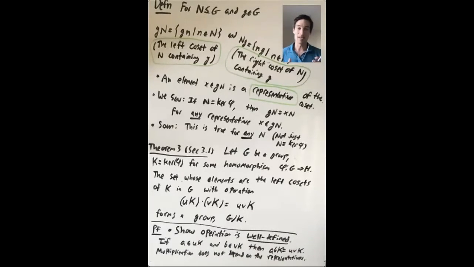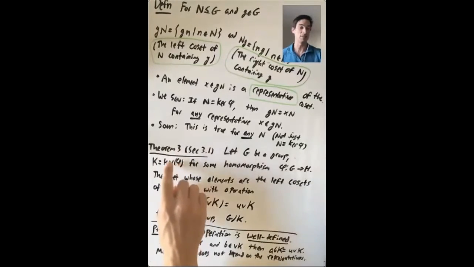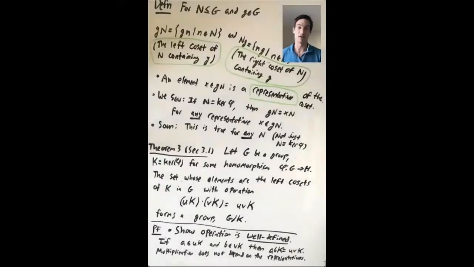We have to show that the multiplication we're defining here does not depend on the choice of coset representatives. I'm going to pause and erase, and then I'll explain how that works, and that's the biggest piece by far of proving this theorem.